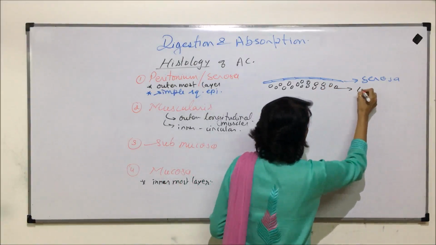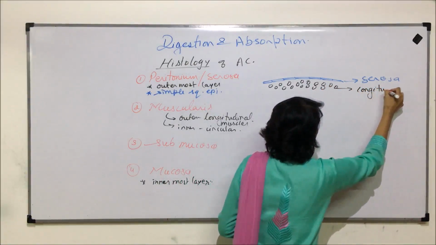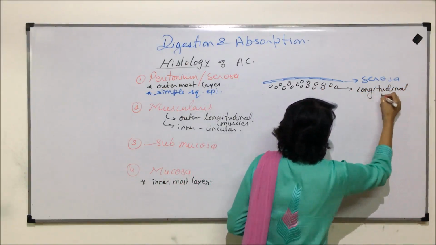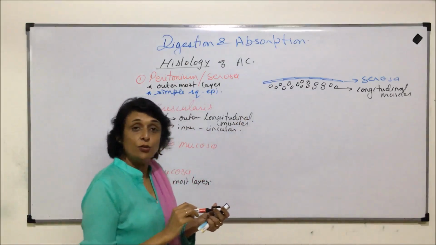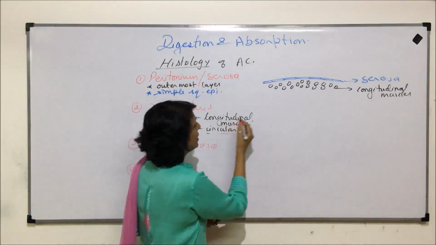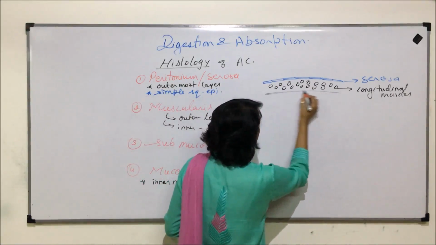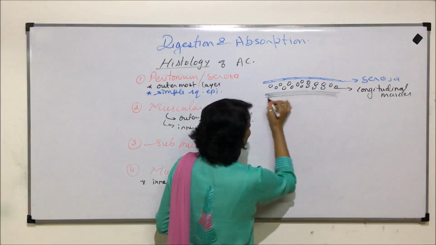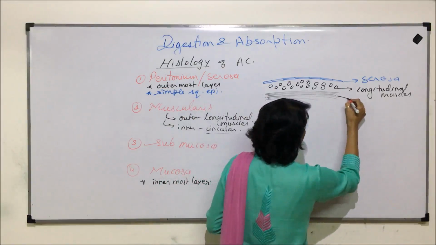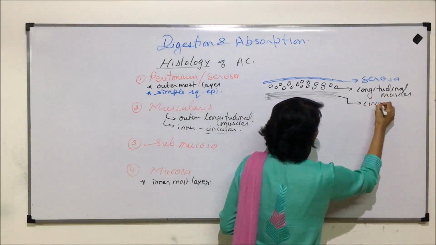The outer one is longitudinal, and if we have to draw those muscles, they would be drawn like this because they would be cut, and this is the transverse section that we are drawing. So these are longitudinal muscles, and this is the outer layer. Inner to this is the circular muscle layer, and these circular muscles would be cut or seen like this.